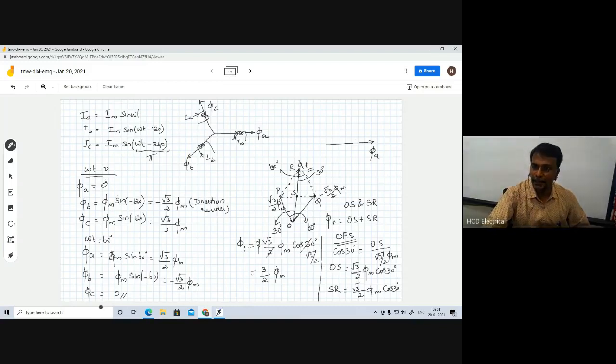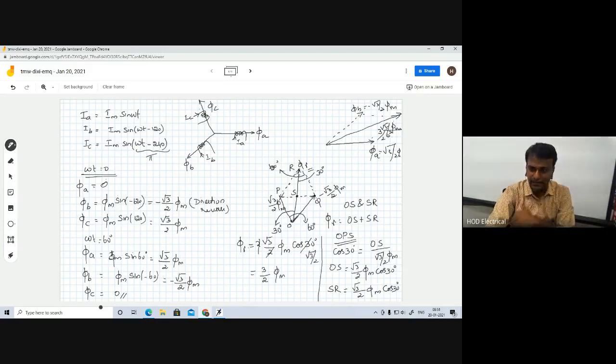Then phi b will be opposite of that, equal to minus root 3 by 2 into phi m. If you draw the same parallelogram concept, this resultant will be 3 by 2 into phi m. So even though there are changes in the three-phase system, the resultant flux is rotating.